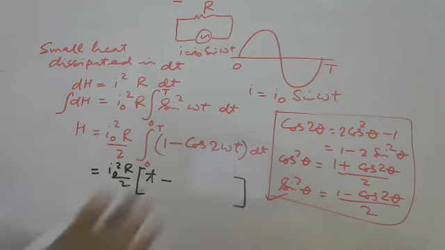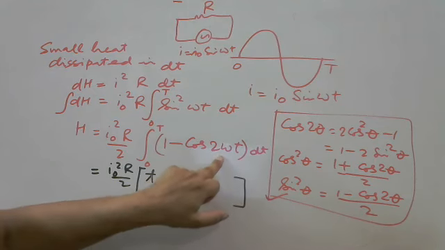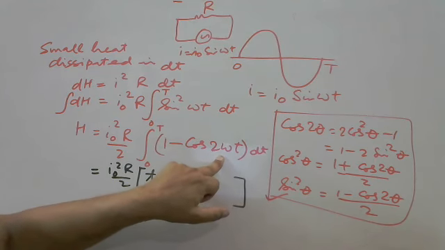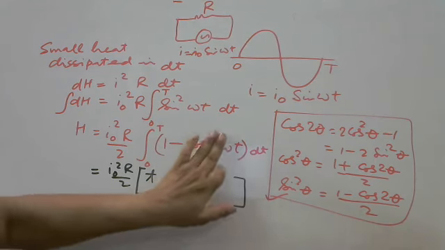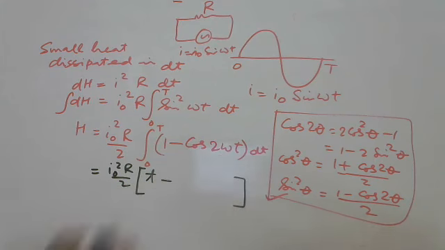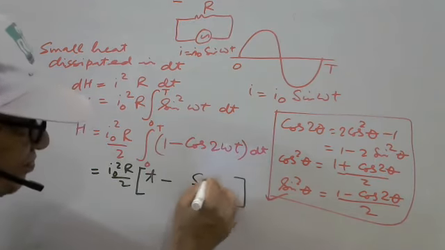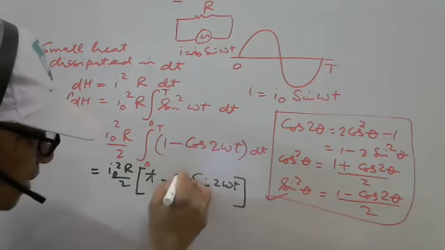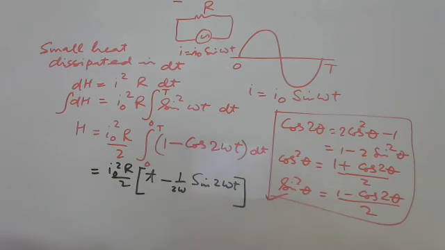Now cos theta, what is the integration? Plus sin theta, but theta here is 2 omega t. So divided by the factor 2 omega, and the answer is not minus but plus, so sin 2 omega t divided by 2 omega. And the time limit here is 0 to t.